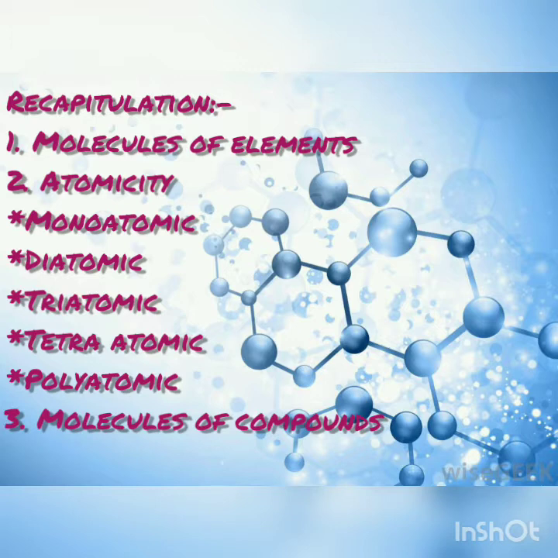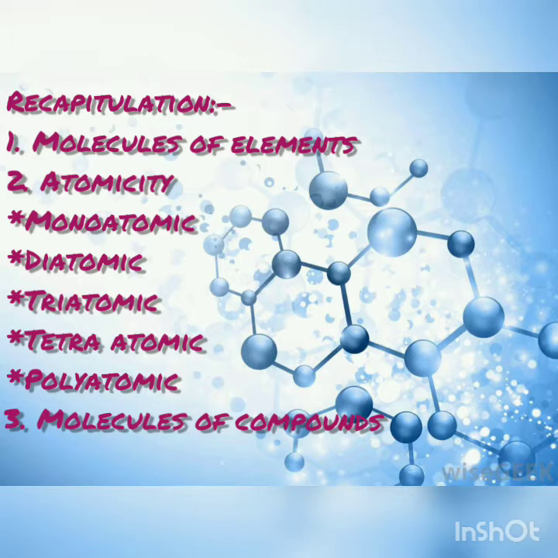When the atoms of the same element combine, the molecule is known as a molecule of an element. Under this topic, we have also discussed how to find the atomicity of the molecule. Atomicity is the number of atoms present in a molecule of an element. If only one atom is present in a molecule, it's monoatomic.